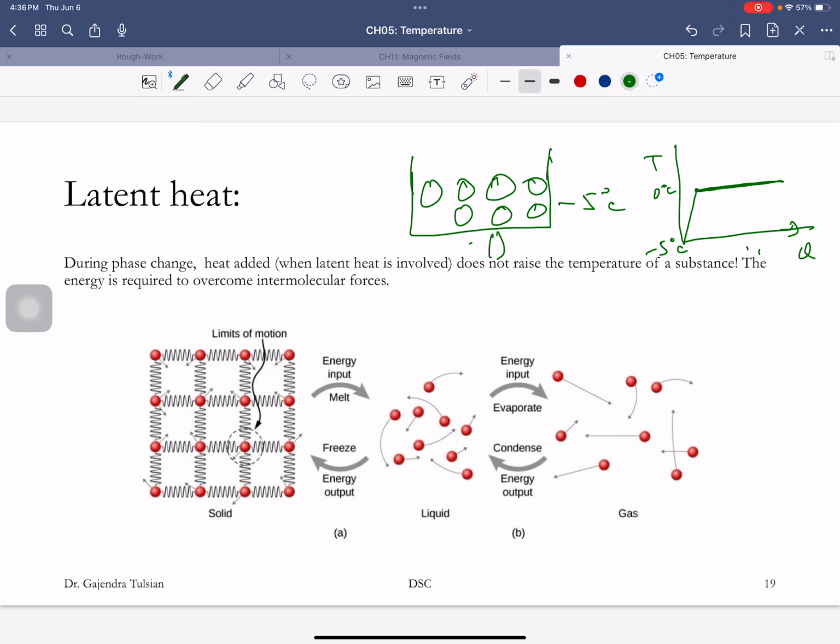So when water is going from the solid to liquid phase, when it's melting, all the heat is going into breaking the bonds, and none of the heat is going into speeding up the molecules, and that is called latent heat. And the same thing happens when you heat the water all the way to 100 degrees Celsius.